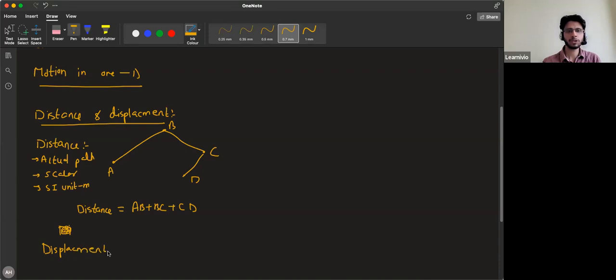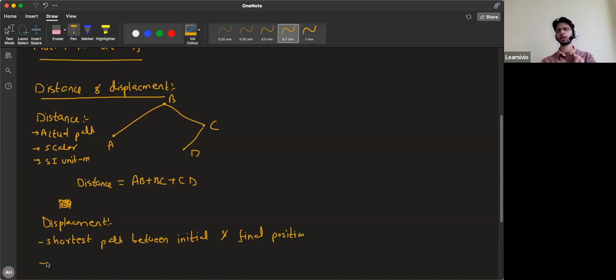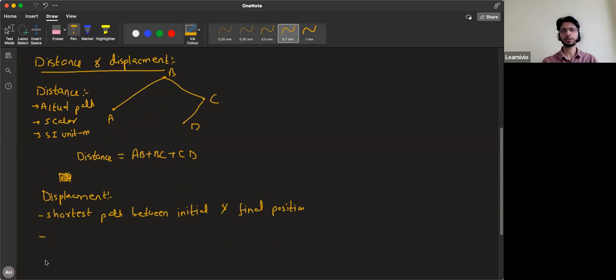Then what is displacement? It is the shortest path between two points, and those two points are the initial and final position. That's displacement.